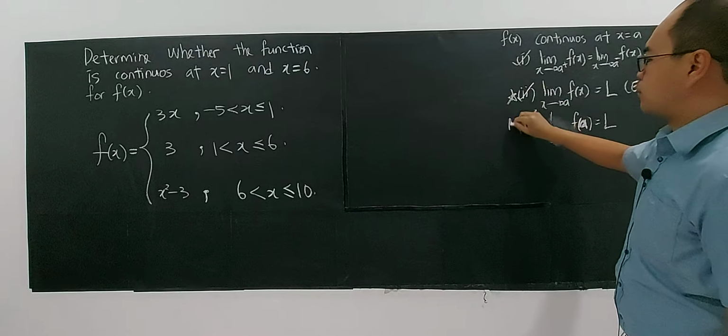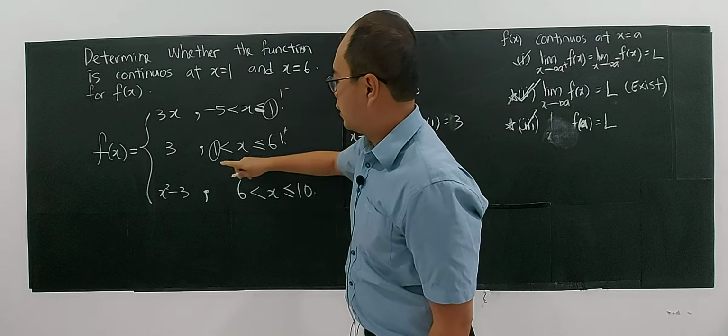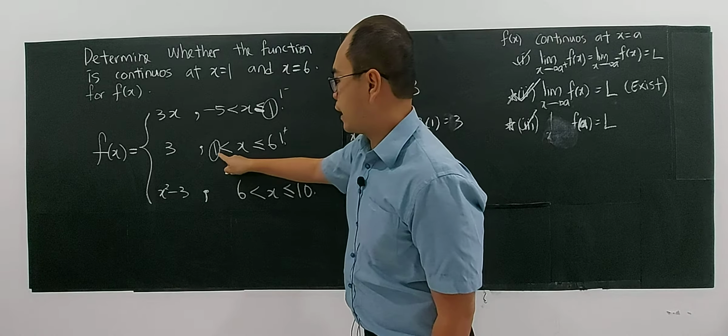It means that for f(x) at this point, the limit is 3. Yes, the second condition is L, right? This is your L. But we see whether f(1) exists or not, whether f(1) is defined or not. Yes, f(1) is defined. There is an equal sign here. Can you see that? The other one has no equal sign, so we choose the one that has the equal sign. So we put in 1, and f(1) is 3 times 1, which is also 3.